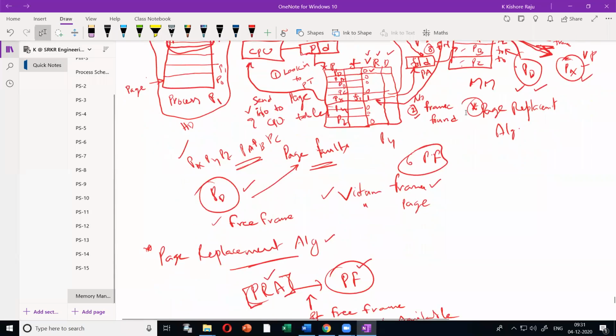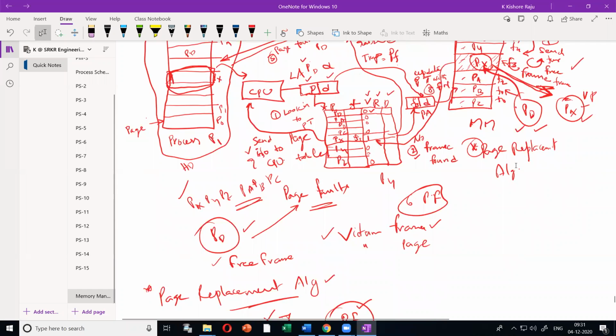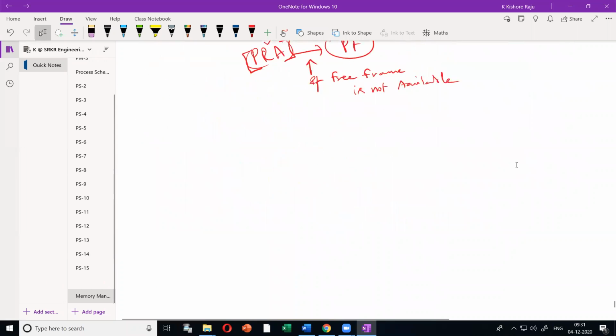Are you getting the point or not? So that is the purpose of the page replacement algorithm.